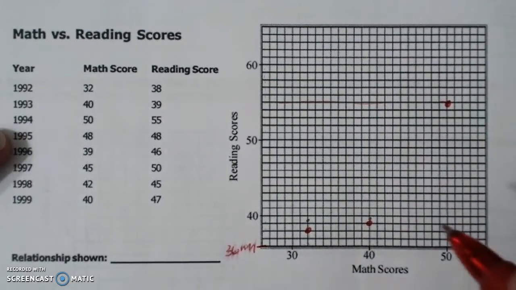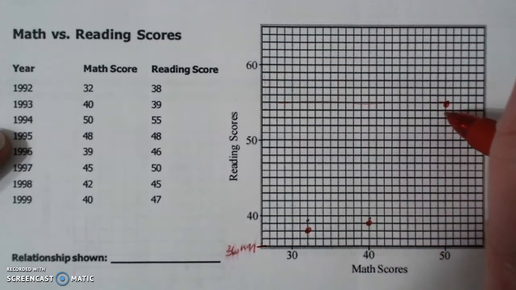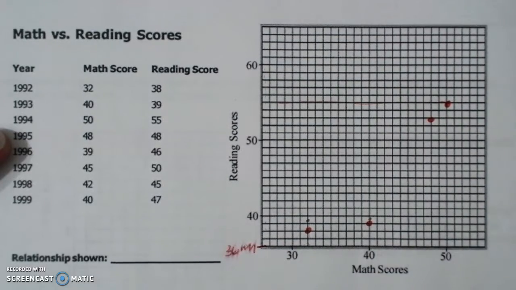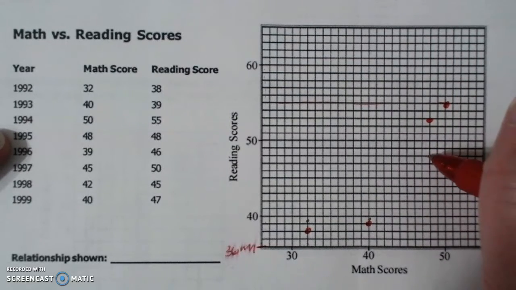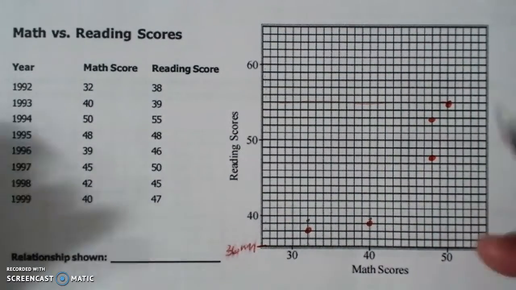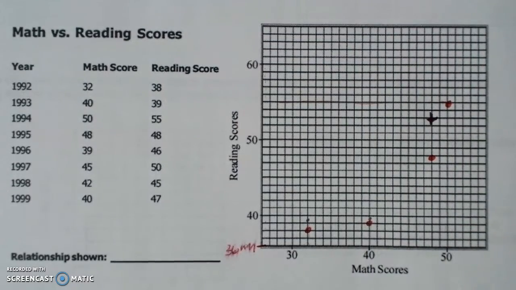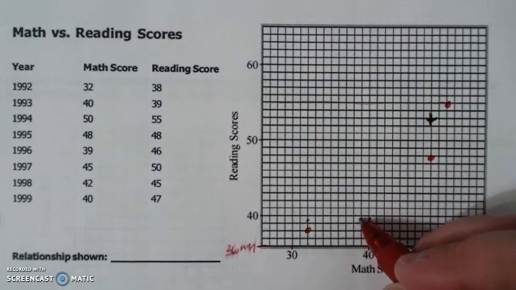And then 48, 48. That is not 48, 48. That is 48, 48. My apologies. This one shouldn't be there. I'm going to blacken that back up. That one's not there. 39 and 46. So 39.